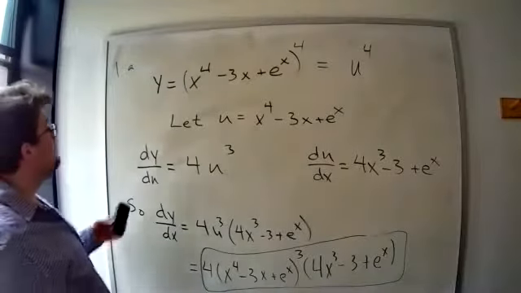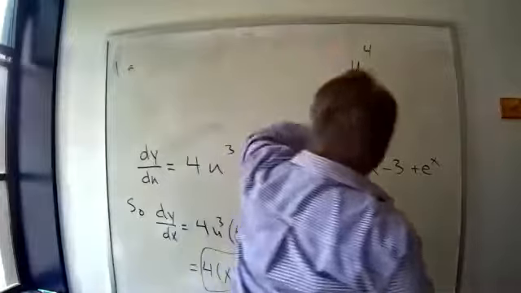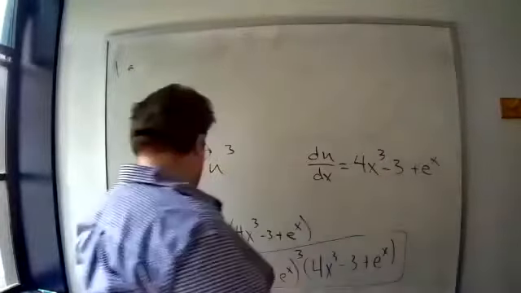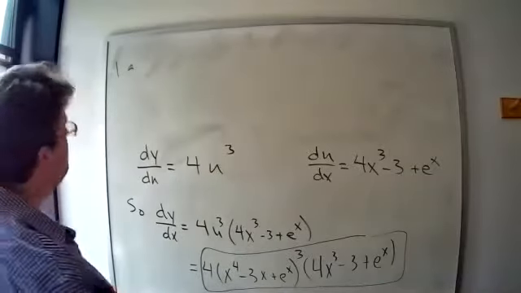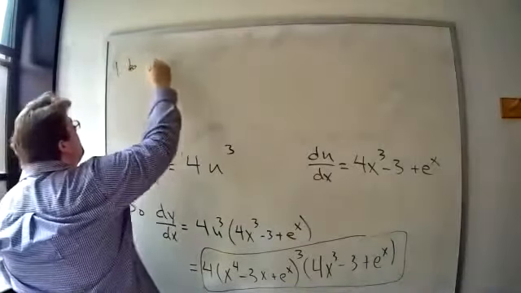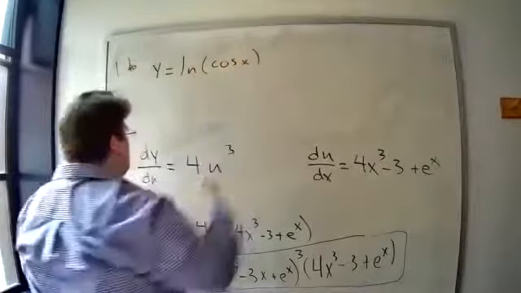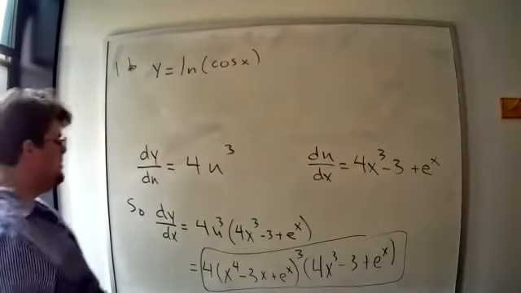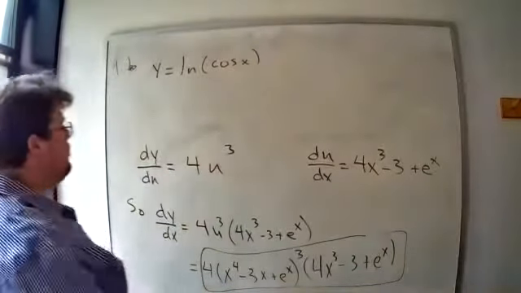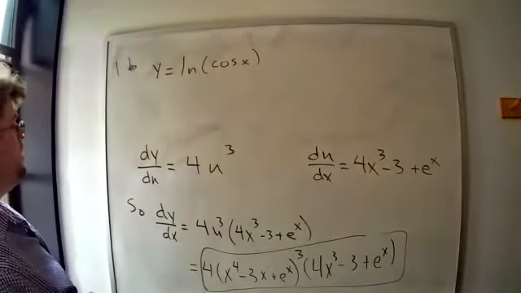1b, log of cosine of x. So right here, we have log of cosine. We have log of something, the natural log of something.